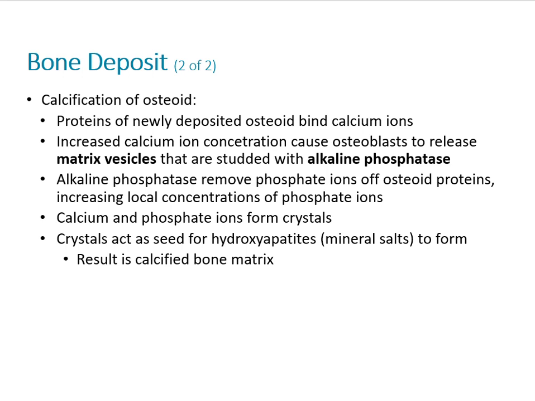And that actually increases the local concentrations of phosphate ions. And then the calcium that's present and the phosphate ions that have accumulated form crystals. And those crystals are indicative of salts. So these crystals of calcium and phosphate act as the seeds for hydroxyapatite or mineral salt formation. So that results in the calcified bone matrix.